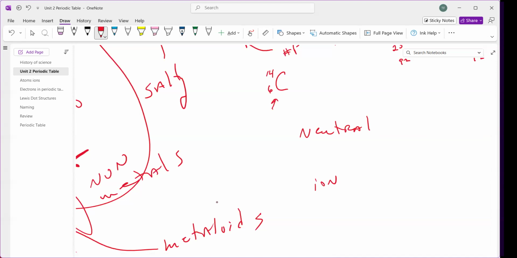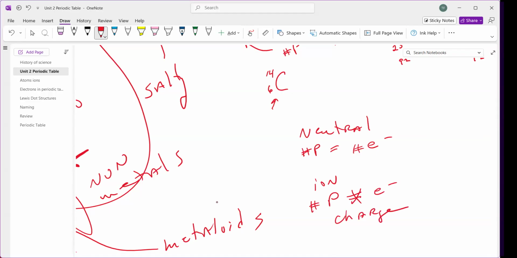There's something called a neutral atom and an ionic atom, or ion. In a neutral atom, the number of protons equals the number of electrons. With an ion, protons do not equal electrons. Hence, there's a charge.